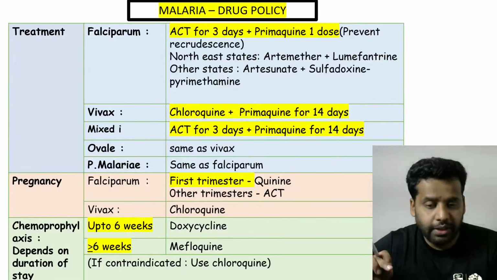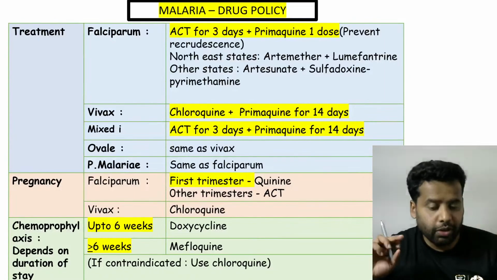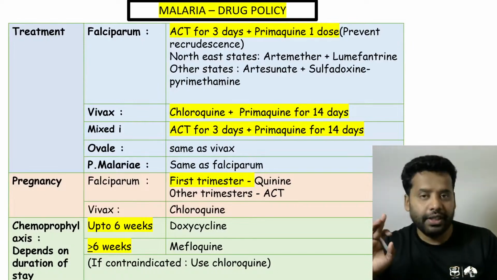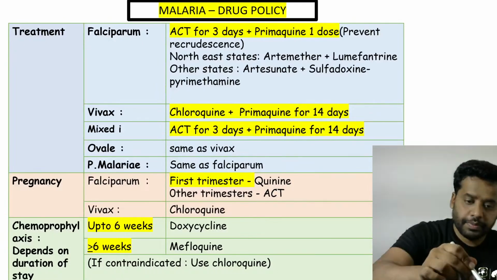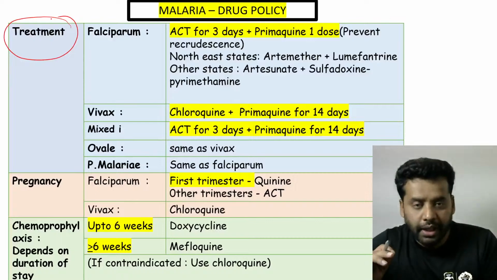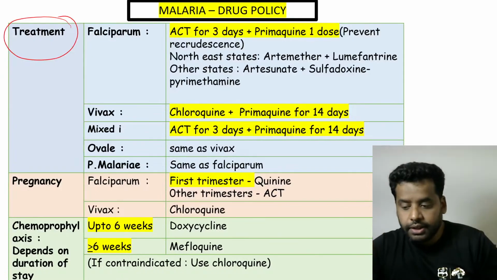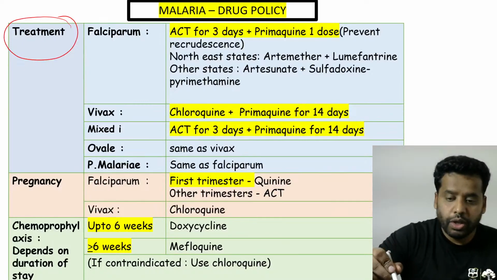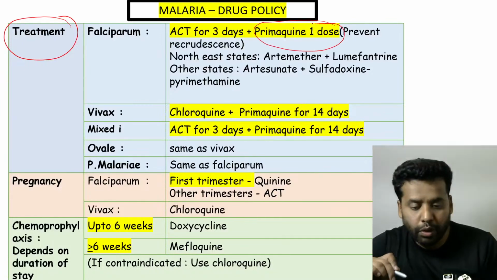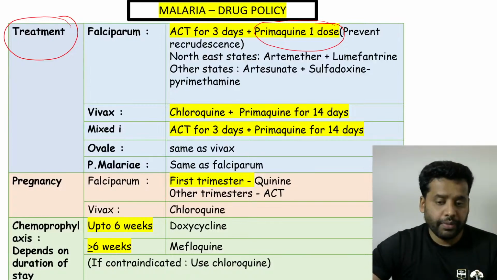Malaria drug policy, very important question in the exam. Without malaria treatment, you cannot go to the exams. Treatment part. Falciparum, ACT is given. ACT for how many days? 3 days. Primaquine, 1 dose. Don't make a mistake, it is not 14 days.